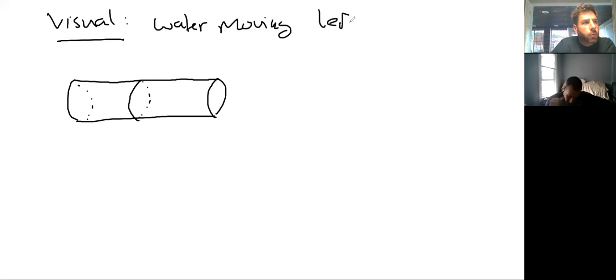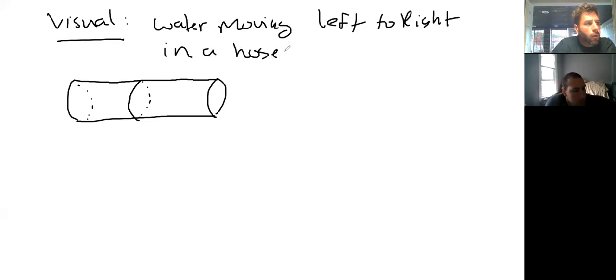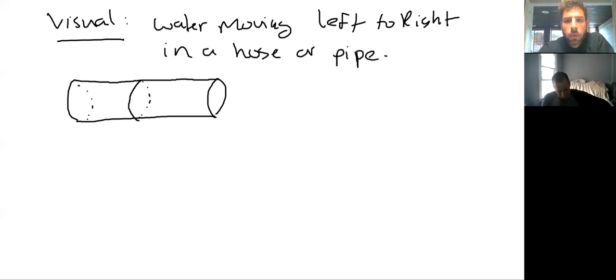So let's say it's moving left to right in a hose or pipe. So let's put some blue in here, make it look pretty. So here's my piece of water I'm going to examine. It's moving.